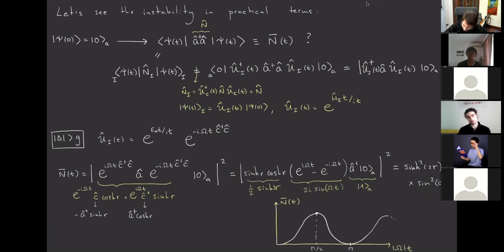And that maximum is equal to the hyperbolic sine squared of 2r, that if you go to the definition of r, is just the following factor, and without square root.